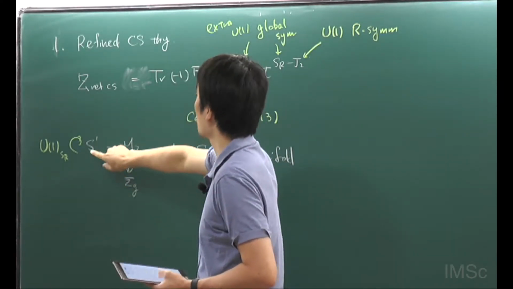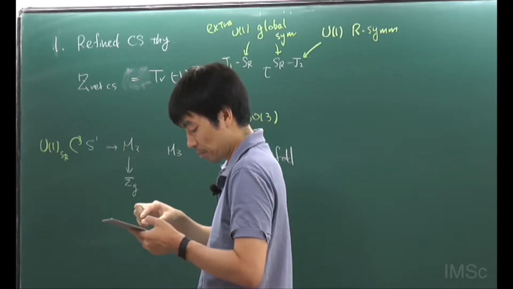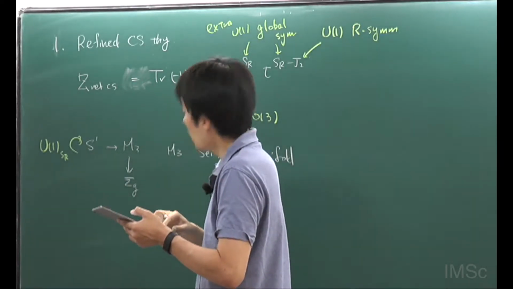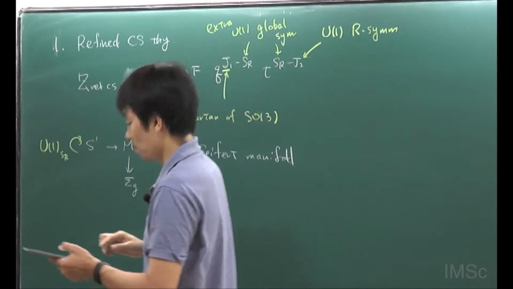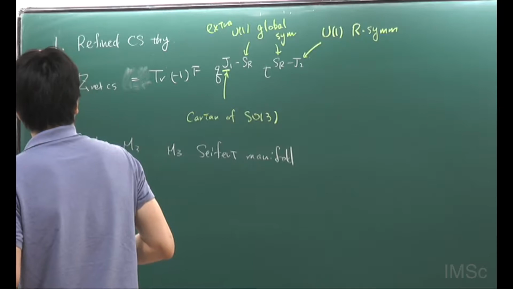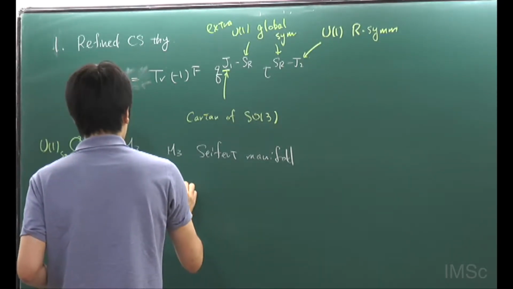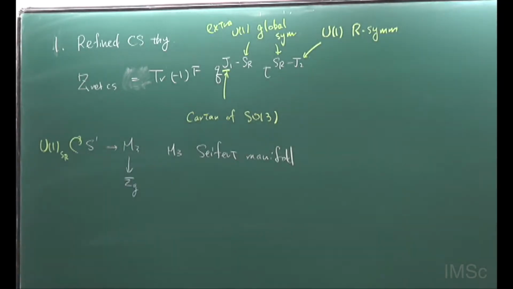Therefore, this symmetry can be seen in the 3D N=2 theory. Also, you can have a knot inside S3, or in general a Seifert manifold, but you have to preserve this S1 symmetry.